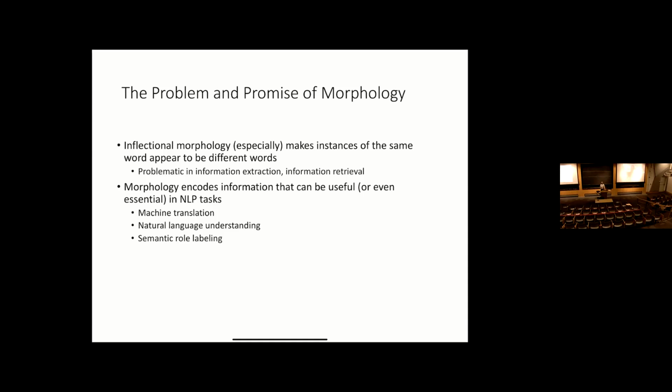But it is true for a lot of other languages. In fact, most of the languages of the world are morphologically rich languages, and you have to deal with this kind of problem. And you also have access to this kind of information that can help you to solve problems you wouldn't otherwise be able to solve, because there's information being encoded in the morphology.